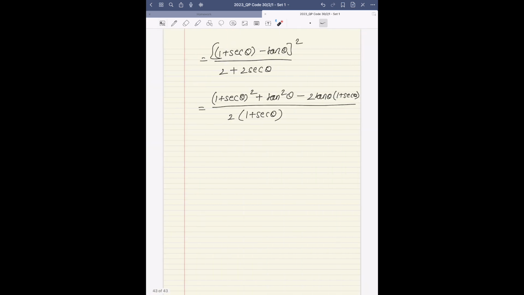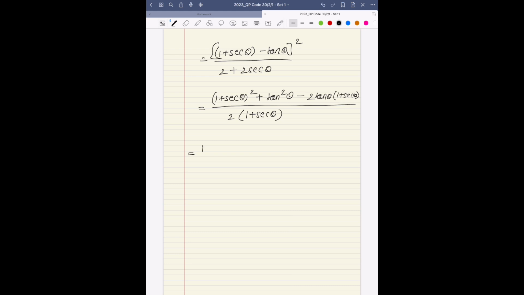So now what we'll do, this is A plus B minus C divided by D. So you will write A by D plus B by D minus C by D, as in we will separate out with the denominator.